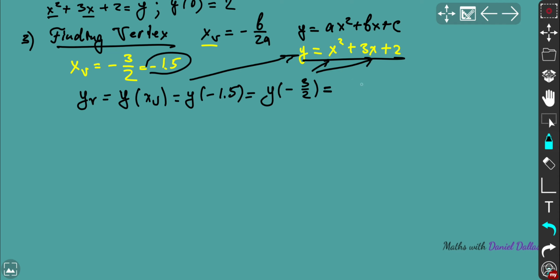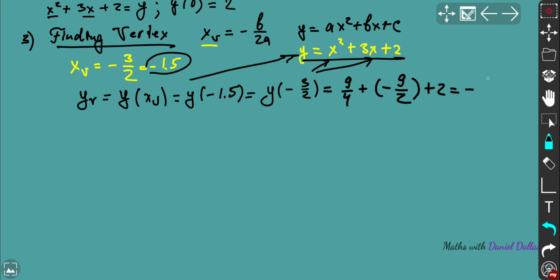So negative 3 over 2 squared is a positive number, so it's 9 over 4. On top of that, we add 3 times a negative value, so we have negative 9 over 2, and plus 2 finally. If you like, you can use a calculator, but I'll try to calculate without it. So I've got 9 over 4 minus 9 over 2.